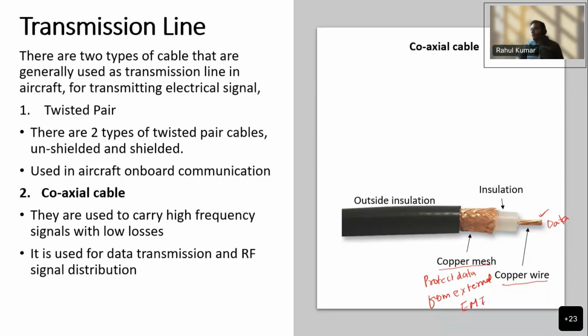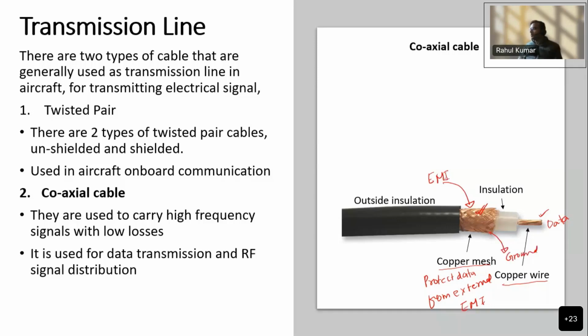So if any external electromagnetic interference is around this wire, that will induce a current in the outer mesh, the copper mesh, and this copper mesh, again, is then connected to ground.